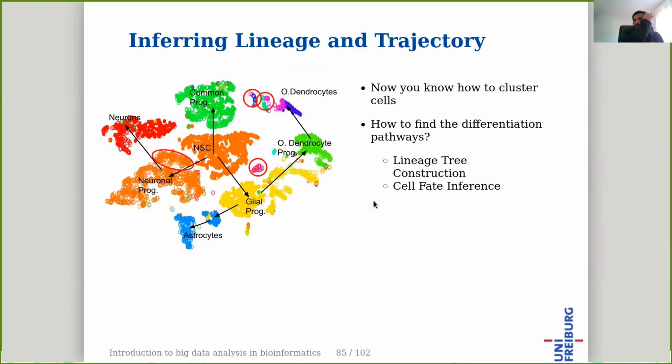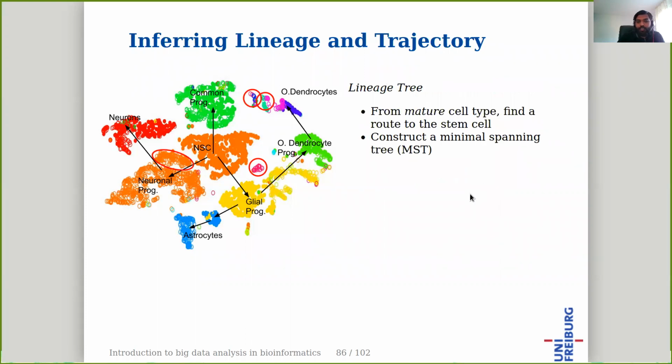Now, after you know how to generate your clusters, let's look at how to find the cell differentiation pathways. There are two ways that you can view this. One is lineage tree construction, the other one is cell fate inference.